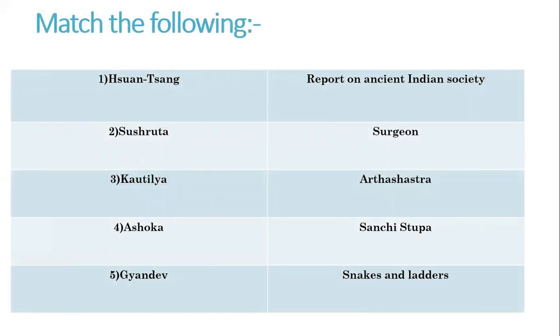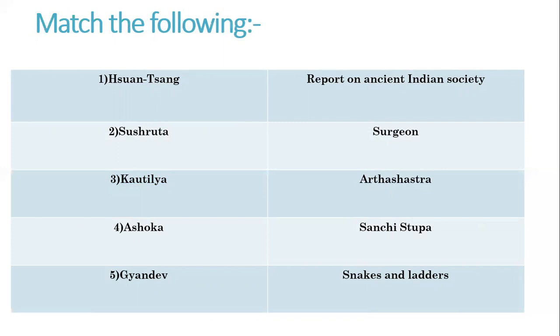Moving on to match the following. First one you see is Hsuan Tsang. He reported on ancient Indian society. He is the one who made a note of and wrote about ancient Indian society.